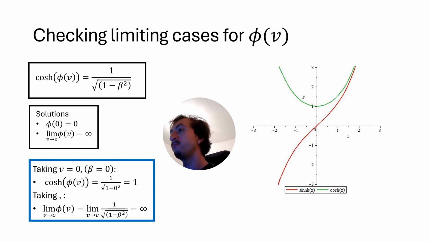So for example, if we pick v is 0, or in other words beta is 0, then cosh phi of 0, using our function we derived in this video, is going to have to equal 1 divided by the square root of 1 minus 0 squared, so it's going to have to equal 1.